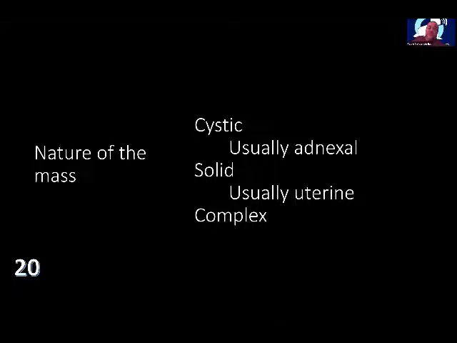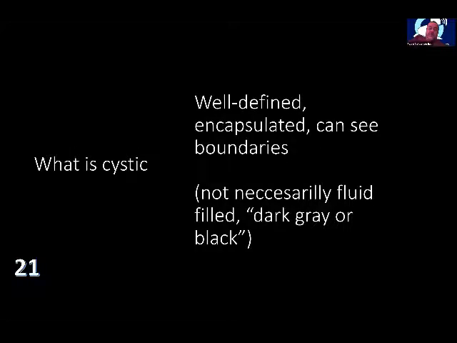Usually cystic masses are adnexal and solid masses are uterine. Whenever we see a complex mass and it is adnexal, we should think of a neoplasia, cancer, or some kind of complex cyst. As we will see further, what is cystic?